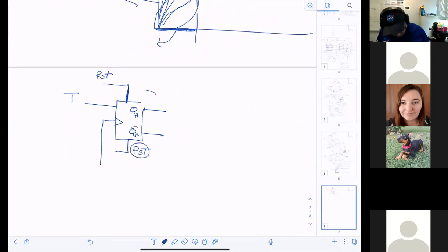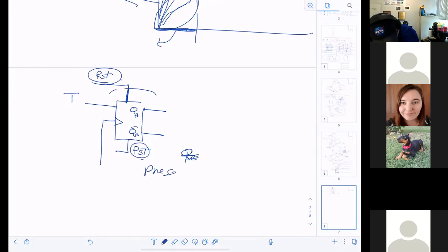We know the flip-flop without these two things, right? Inside the flip-flop there is a reset. And also there is something called preset. What is preset? If you push reset, that means I put it to 0. If I push preset, that makes the flip-flop equal 1, the initial state.